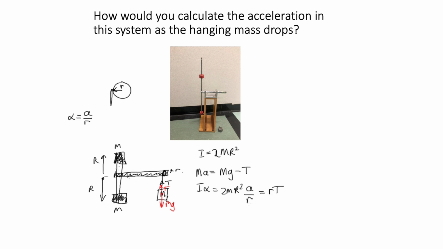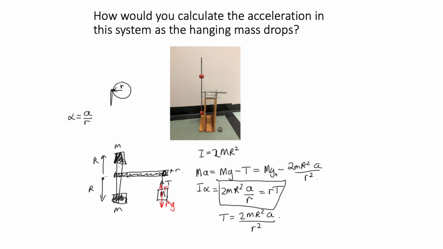Okay, so let's divide both sides of this by r. So we've got that the tension force is equal to 2mR squared a over r squared, and we can now substitute that back into this equation here. So here we've got Mg minus 2mR squared a over r squared.